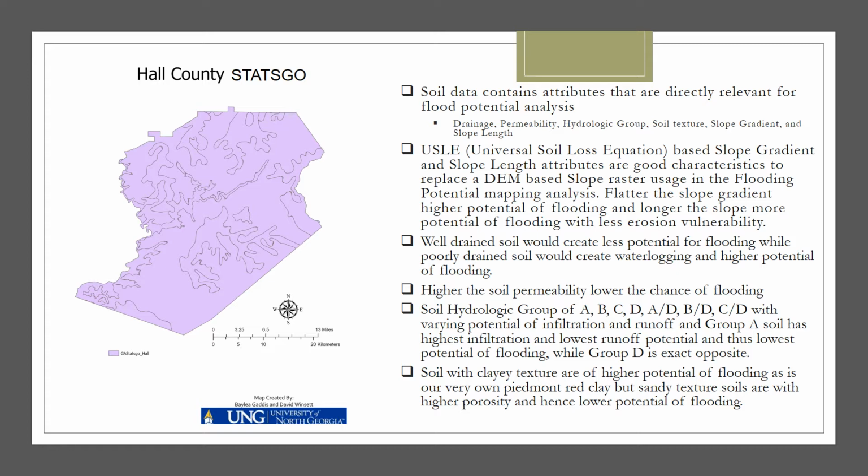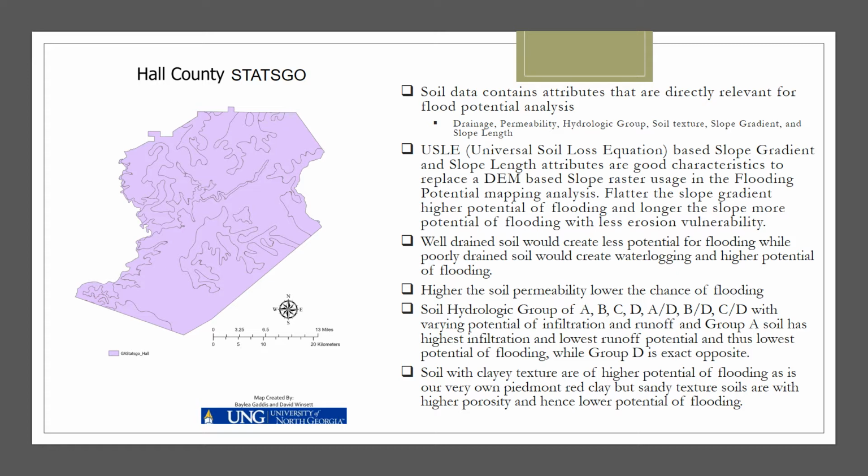Because we got the slope gradient and slope length, calculated through the newest STATSGO and gSSURGO data, which is available, and slope gradient and slope length take care of the elevation-based analysis for flood potential modeling.